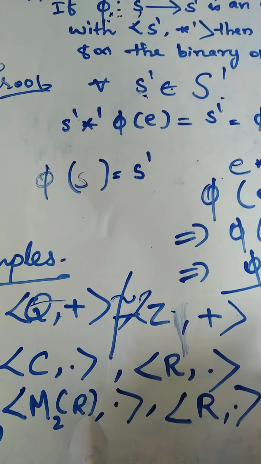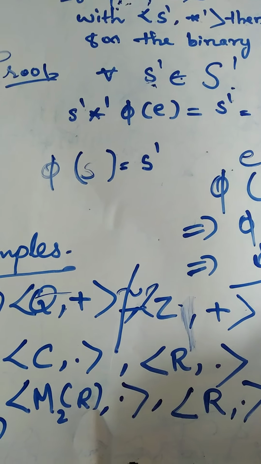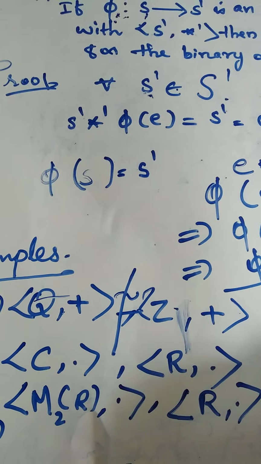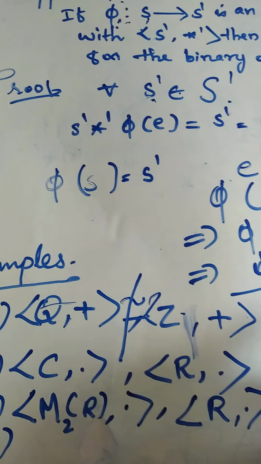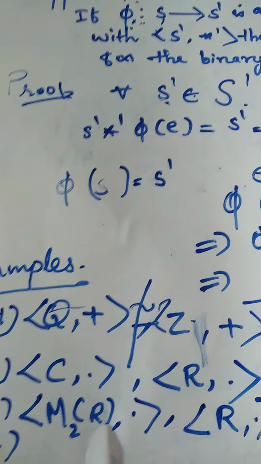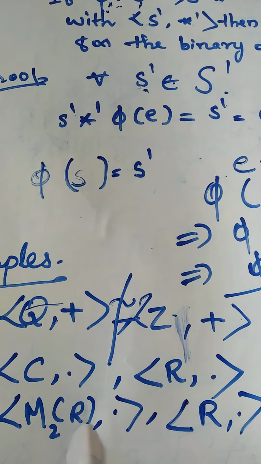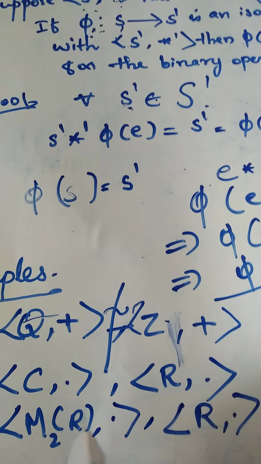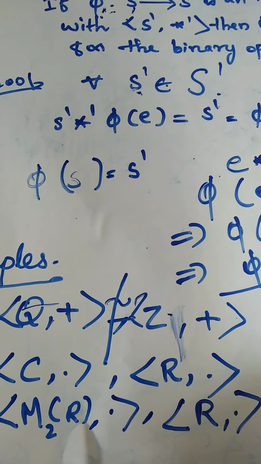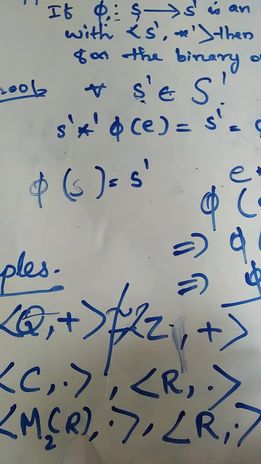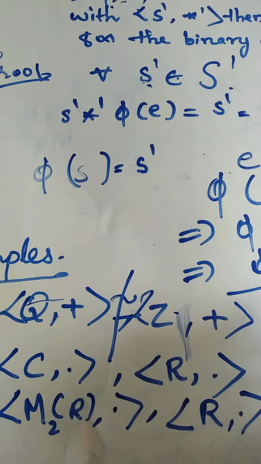Is it clear? So you need to find such a property which holds for one algebraic structure and does not hold for the other. Which property will we choose?